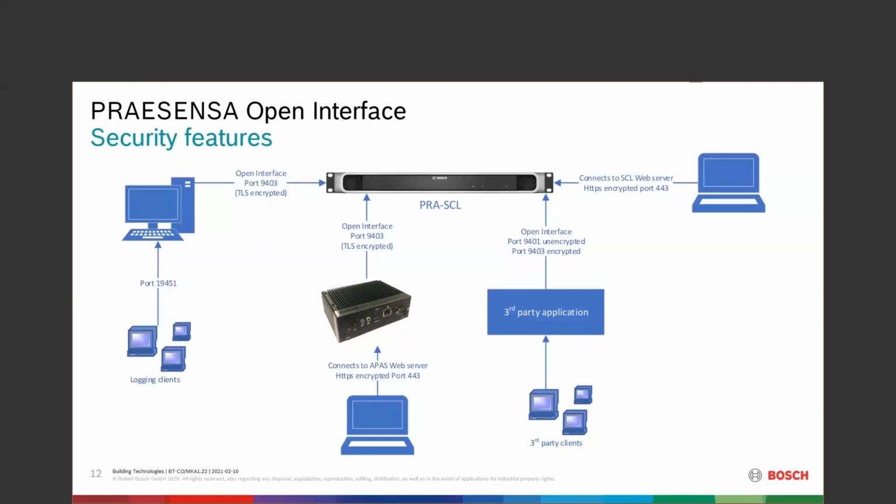And then what we do inside the PRAESENSA system itself, between the call stations and the amplifiers, there we have our own Omnio platform with the open control architecture to have a really secured and encrypted communication platform. But that's more low level communication interface. What you see here is the external communication.